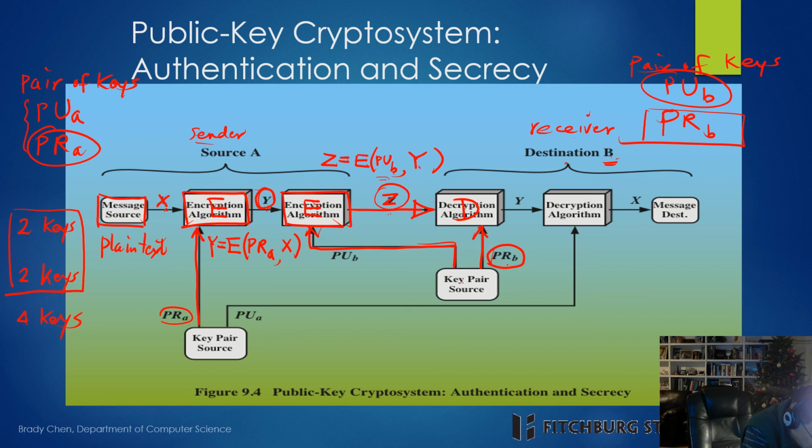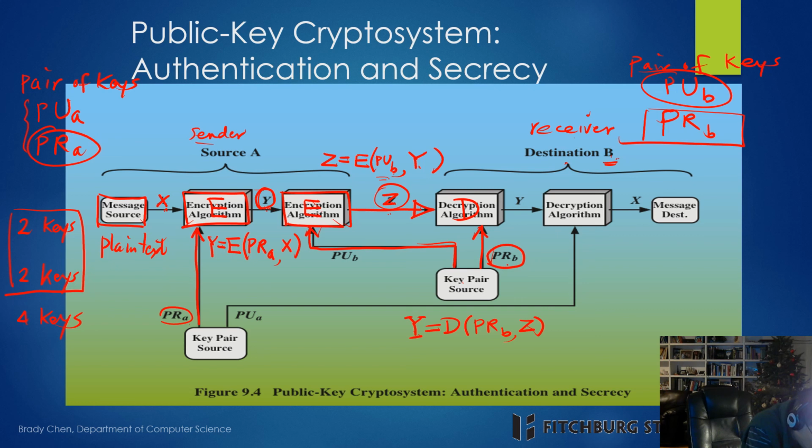So the second time, when the sender encrypted Y using the public key of the receiving side, the receiving side first uses the decryption algorithm with its private key and the ciphertext Z. Hopefully this is going to restore the message back to Y, right?